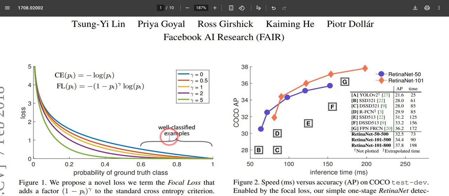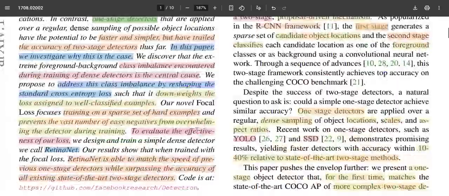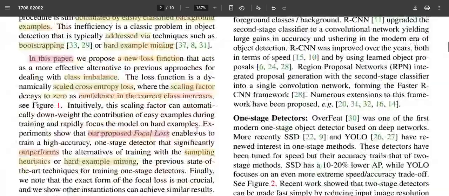This has to be addressed by putting in a special factor called the modulating factor, with a positive value, which decays and takes away the contributions from the well classified examples. That's what is illustrated in this part of section 3.